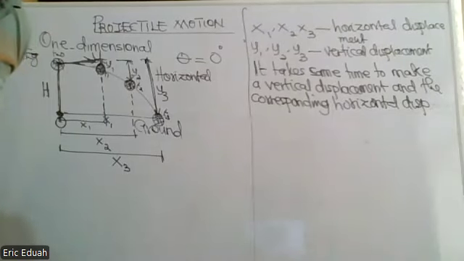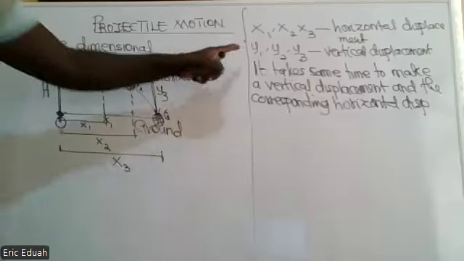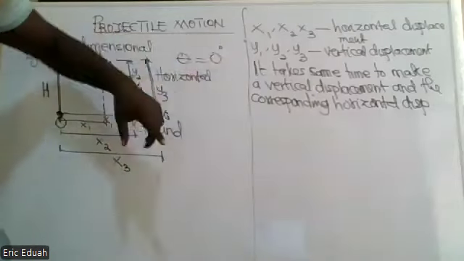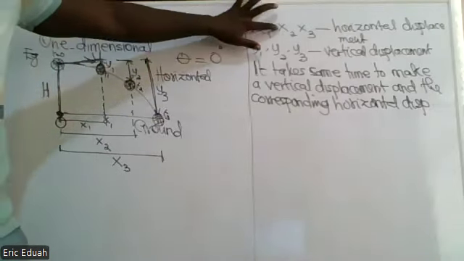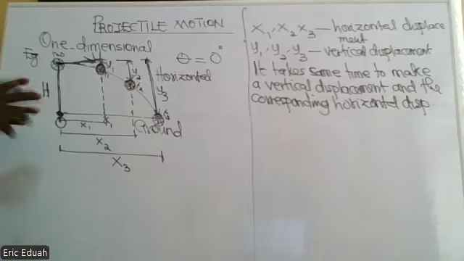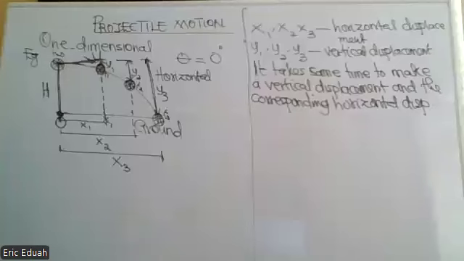Okay. So it takes the same time to make, it will take T1 to make S1 and Y1, S2 and Y2. So we realize that as the body moves on or journeys, there is a vertical component of its displacement, and there will be a horizontal component of its displacement.